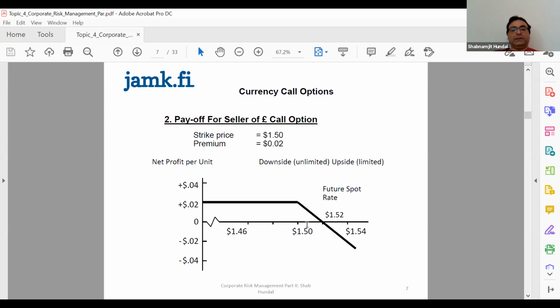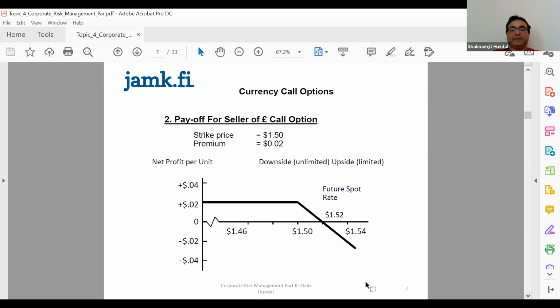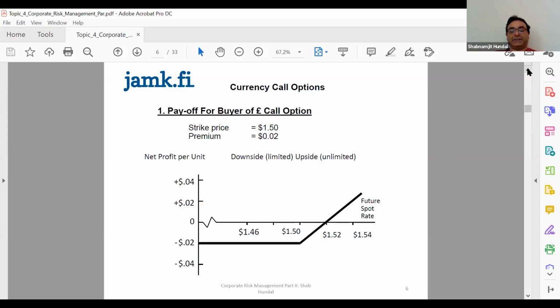Okay, so if you see this picture and this picture, can you compare something? This picture, if I just put in the mirror, like the mirror reflection, it becomes this. So basically, the payoff of the seller of the call option is exactly a mirror reflection of the payoff which the buyer has.